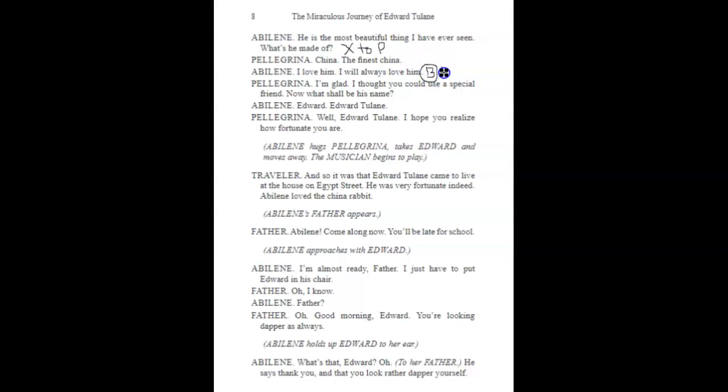And then we would say take, and pardon my really bad digital writing. Take toy, because Edward Tulane is a toy. So now we know that on this line, I love him, I will always love him, Abilene takes the toy from Pellegrina.